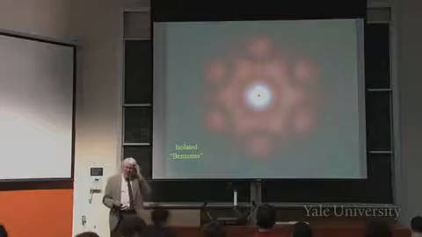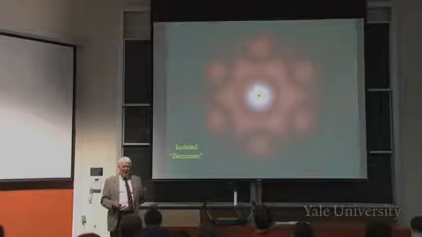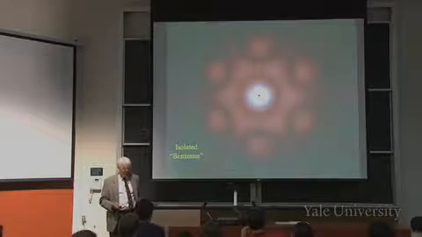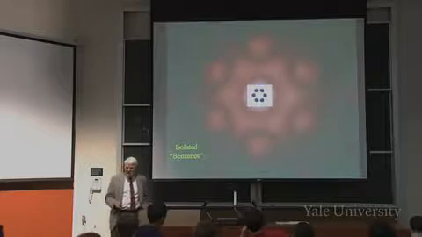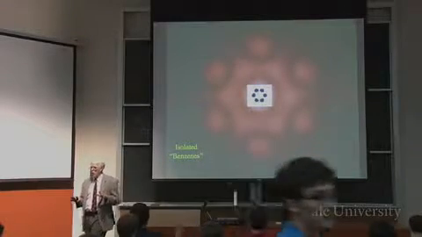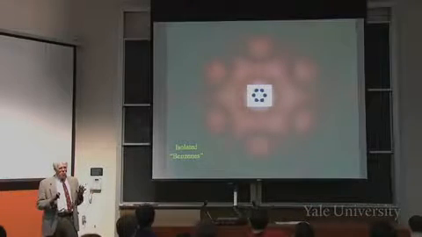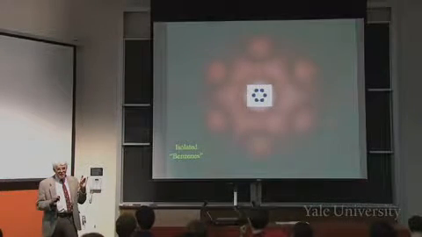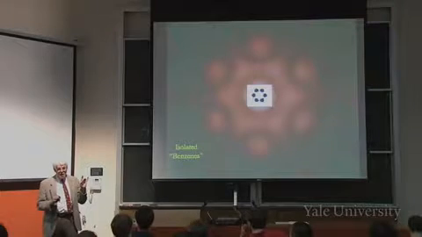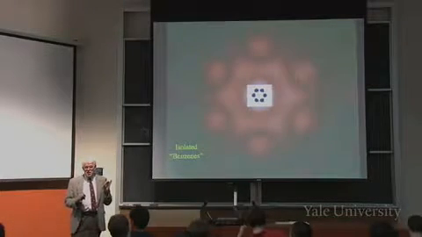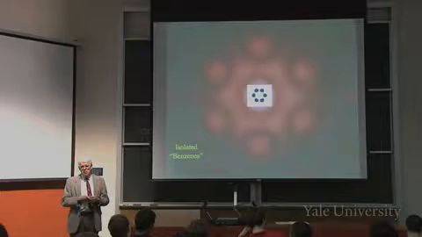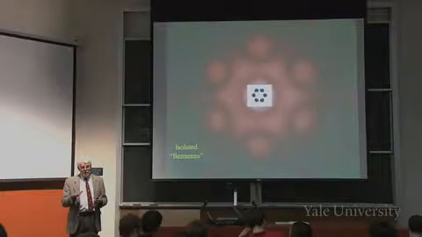And I'd like you to understand why that hexagon of dots gives a snowflake. So we take the hexagon of dots, and what do we look for to see where scattering might be? Remember what the trick is? The trick is to look at things that lie on equally spaced planes.